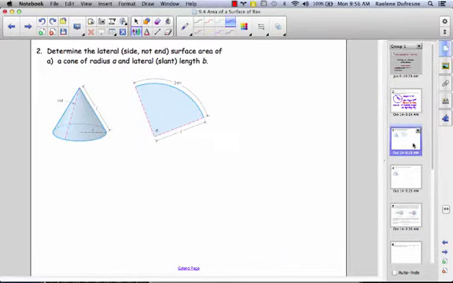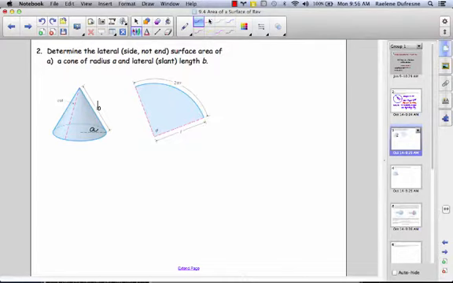Okay, number 2, we want to determine the lateral, which means the side and not the end or the base, surface area of a cone of radius A and a lateral or slant length of B. We're going to rename the radius here to be A, and the slant length is going to be renamed as B. So if we were to cut along here, we see that the cone unravels as a sector.